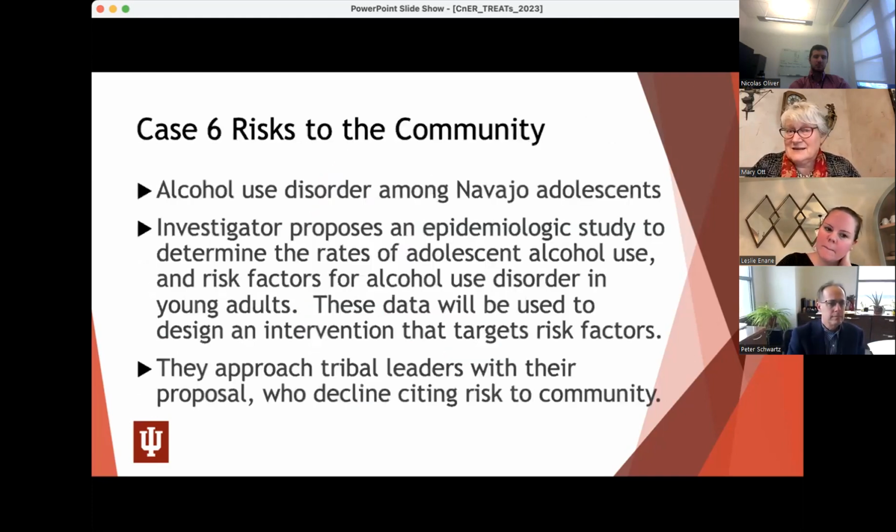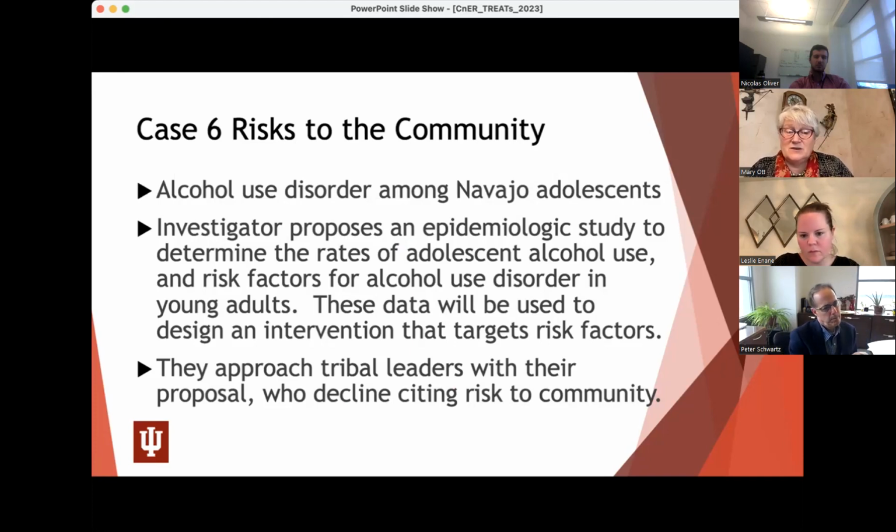Number 6, risks to community. This is sort of a classic case. There was a researcher who wanted to look at alcohol use disorder among Navajo adolescents, and they proposed an epidemiologic study to determine the rates of adolescent alcohol use and risk factors for alcohol use disorder in young adults.